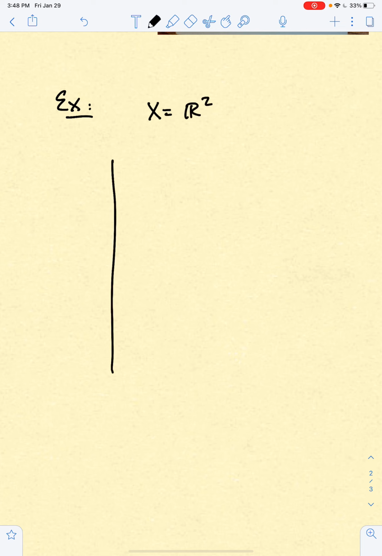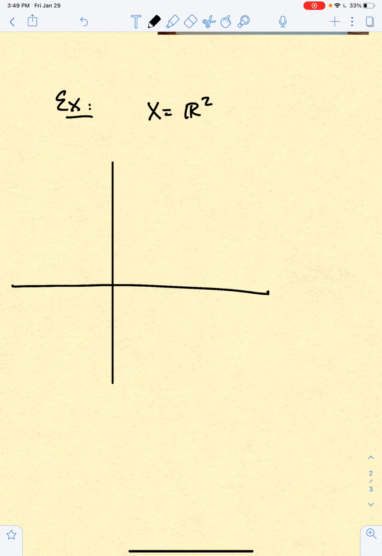What was I talking about? Right. So we've seen some bases for R2. The plane, right? So these are just all ordered pairs of real numbers.